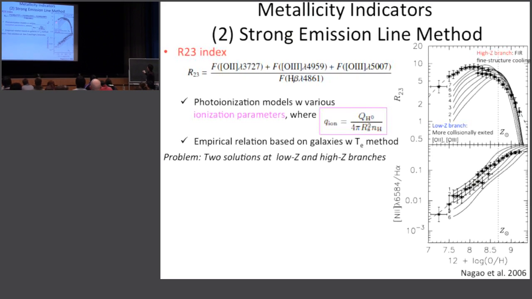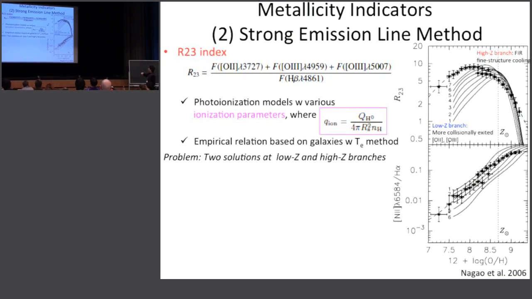These solid lines are photoionization models changing the ionization parameter. The ionization parameter is defined by this Q ion, which is the ratio of the ionizing photon emission rate divided by the area of the Strömgren sphere, times the hydrogen atom density.